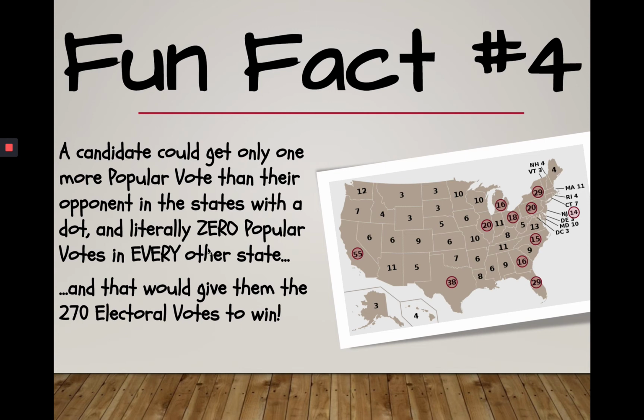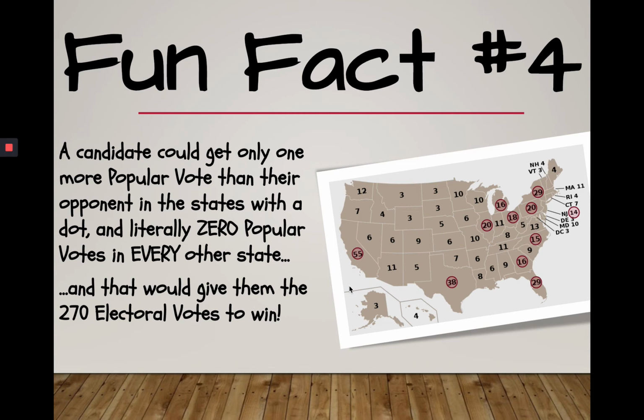This is a winner-take-all system. So if we look at California with its 55 votes, you could have a candidate in California get 1 more vote than the other guy. So let's say for tonight, Trump versus Biden. Typically, California goes Democrat, so we're going to assume that Biden will win California.